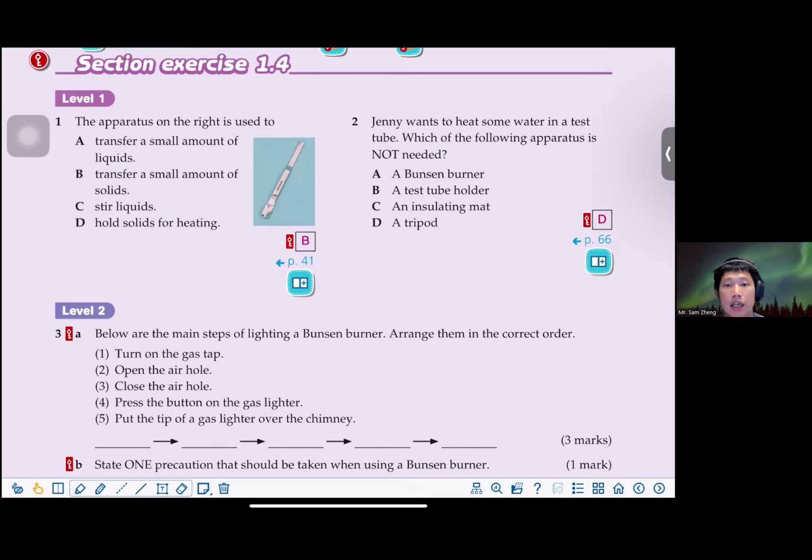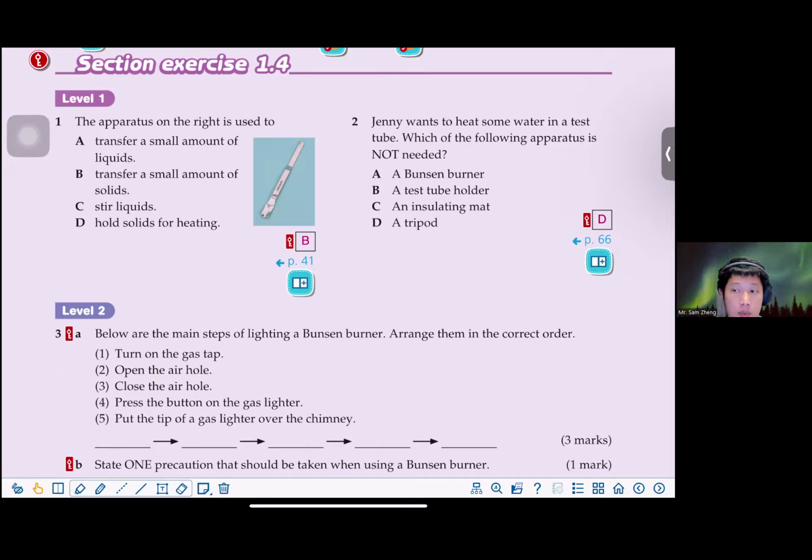Then the heat will be transferred from the Bunsen burner to the test tube. And as we will use the test tube holder, we do not need to use the tripod. So the tripod is the apparatus that is not needed.